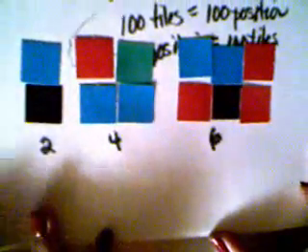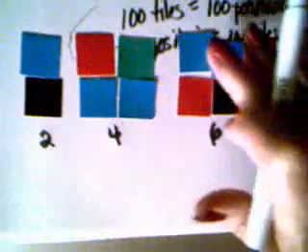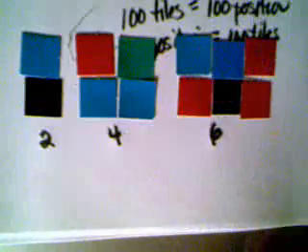So I have 2, I have 4, I have 6, and with just those 3, sorry, I can see a pattern in the shape that the even numbers are creating.